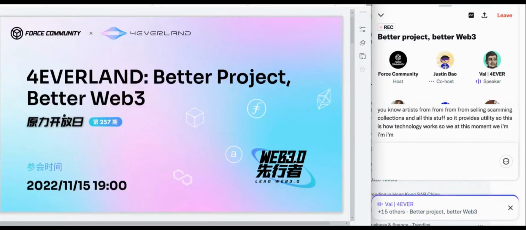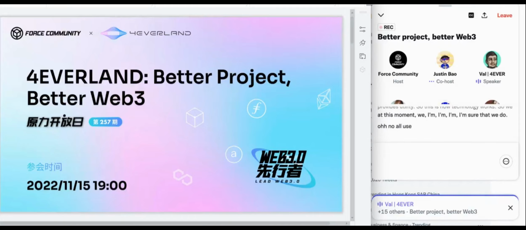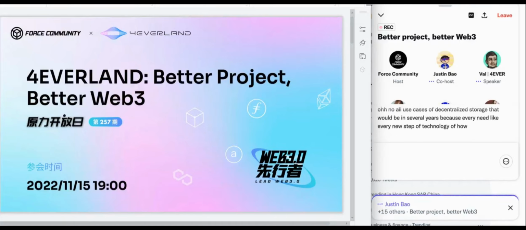At this moment I'm sure that we do not know all the use cases of decentralized storage that there will be in several years, because every new step of how technology evolves creates new ones. It's like looking at the horizon line. You cannot see what is after the horizon.